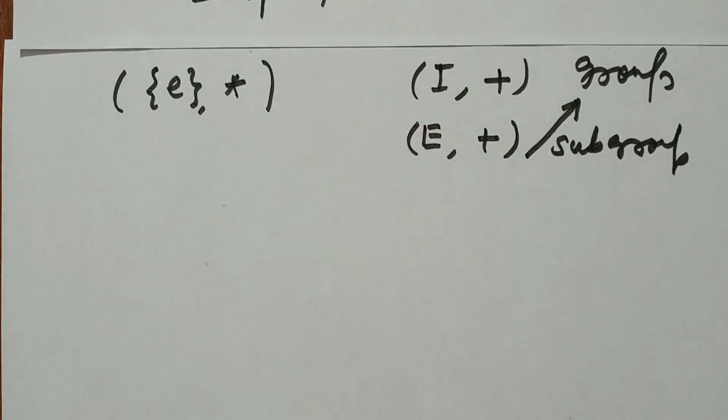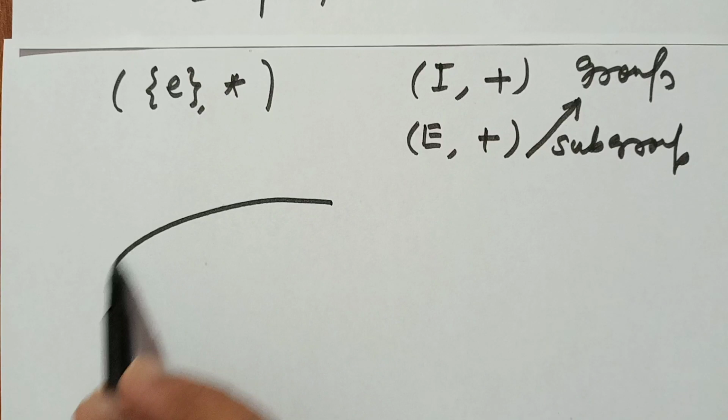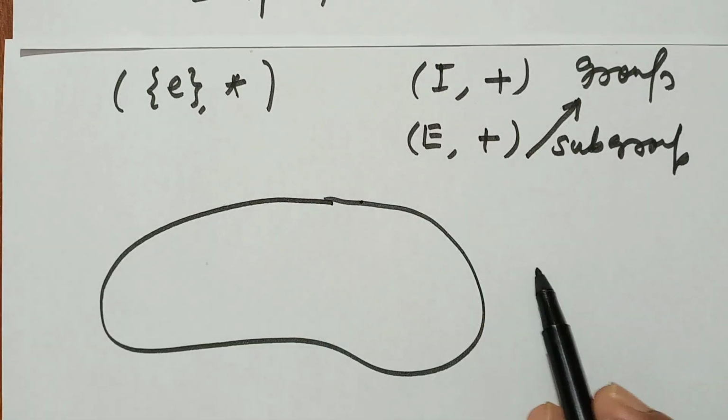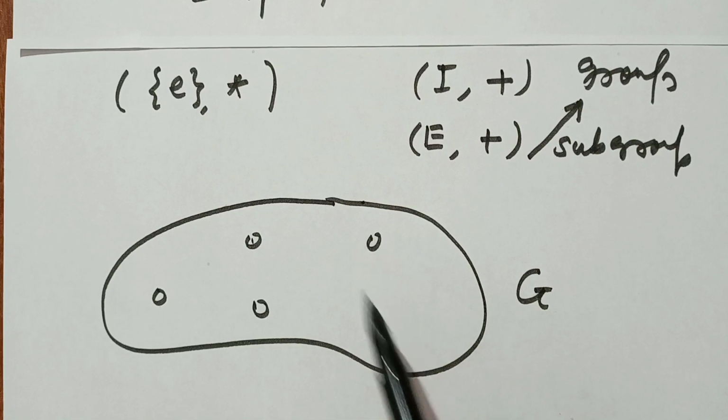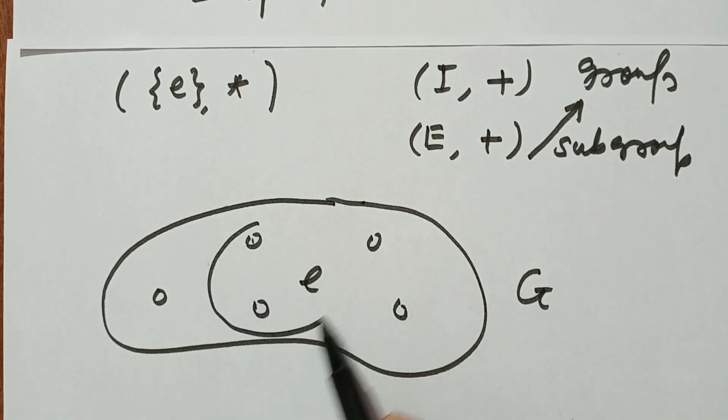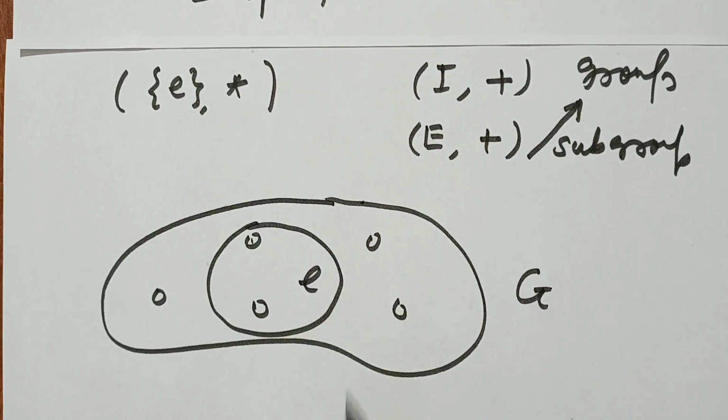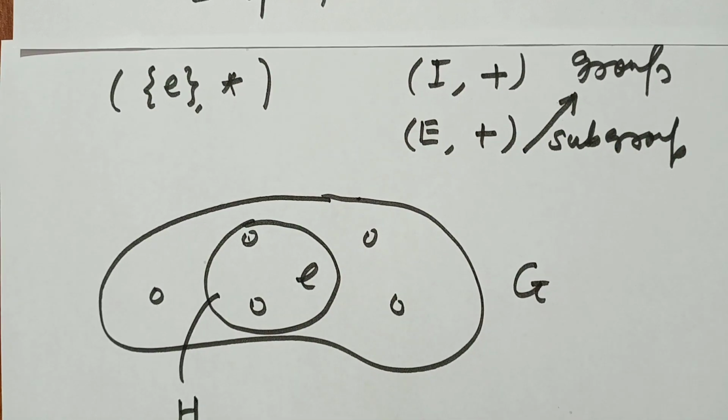One important thing: if G is a group, meaning G has some elements with the identity element, and H is any subset of G, but this H does not satisfy the four properties, it means H is not a group itself.